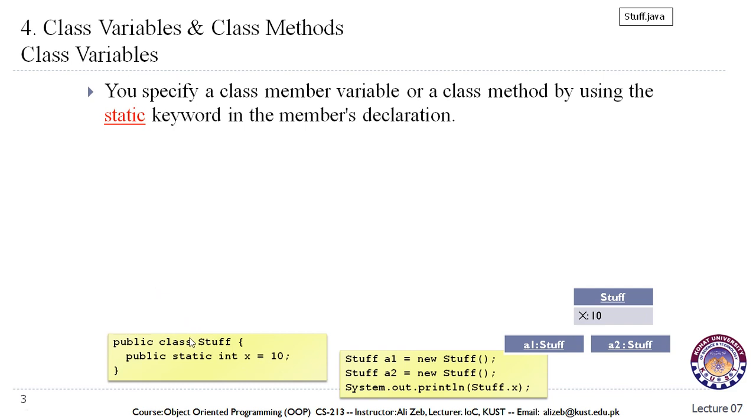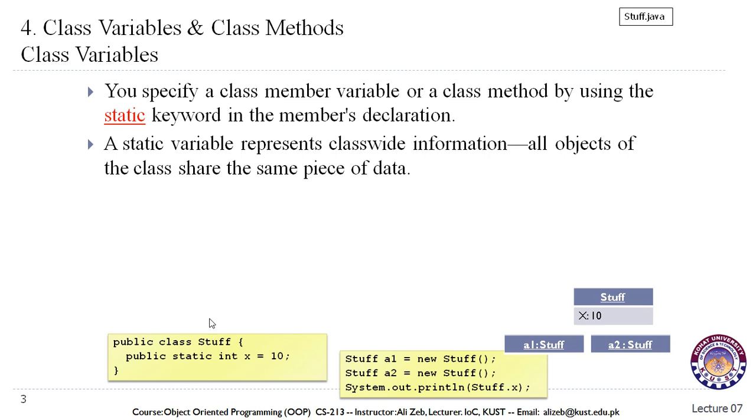The value of this variable will remain the same for all the objects of this class. In our previous examples, for instance variables the value is different for each object, that is, specific to each object, but for a static variable the value will remain the same for all the objects.